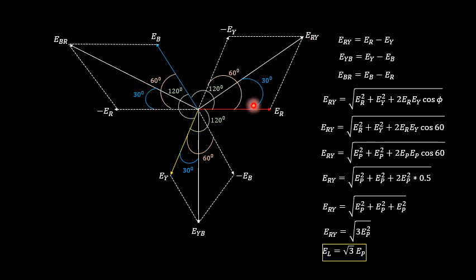So I got the ERY, then simply join a line from minus EY to ERY, and ER to ERY. So this gives us the expression ERY is equal to ER minus EY.